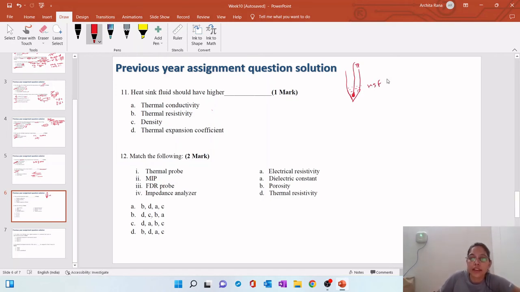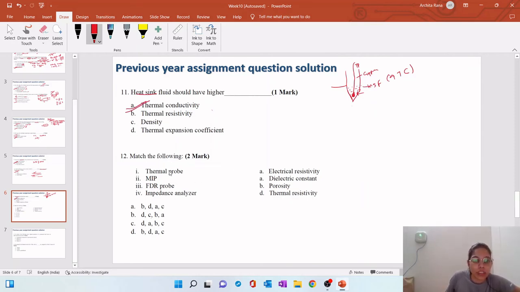This heat sink fluid should have high thermal conductivity, because when you put this into the soil, it checks the temperature of the soil and sees how much the temperature is changing. To understand the temperature of the soil, this is of copper, right? So when this touches the soil, because of its high thermal conductivity, it will adequately transfer the temperature to the probe, and hence help in better detection. So this heat sink fluid should have high conductivity.